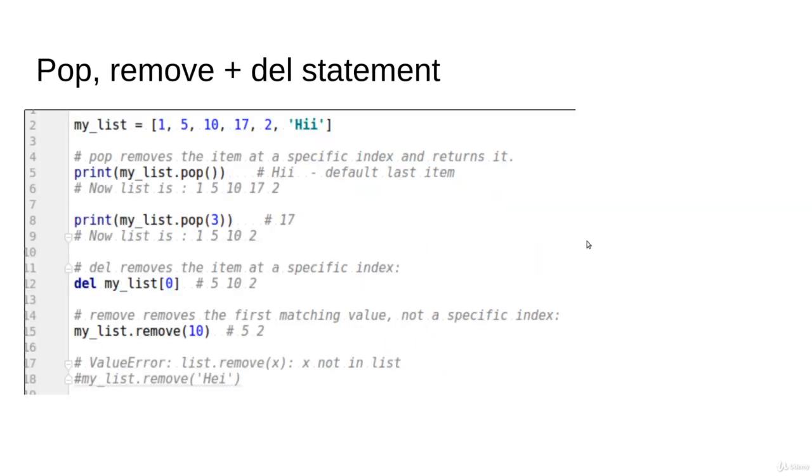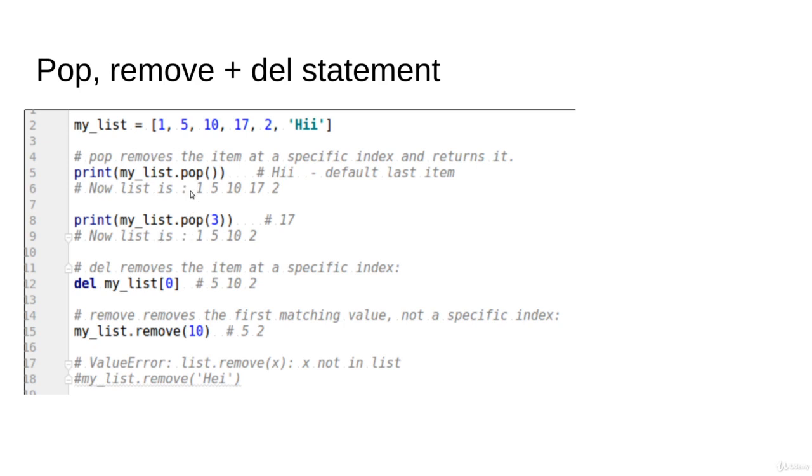The other three relevant things are pop, remove, and the delete statement. So here is our current list. When you say .pop, it's going to remove the last element and return it. But if you say pop of 3, which is a specific position, it's going to remove this specific position and return it back for you.